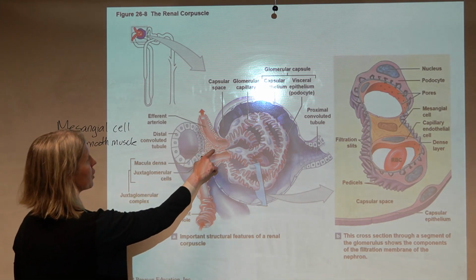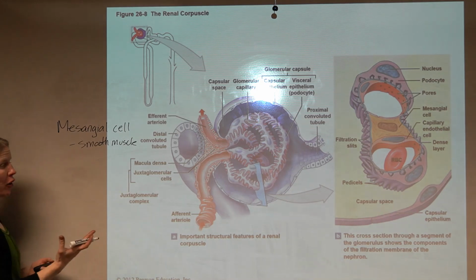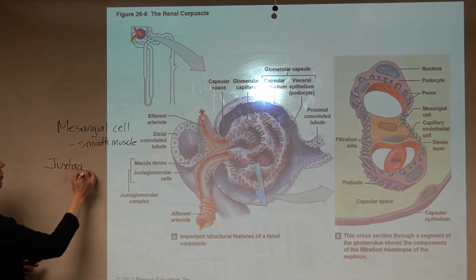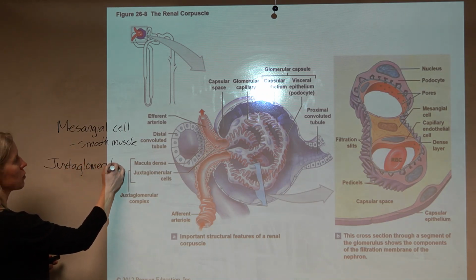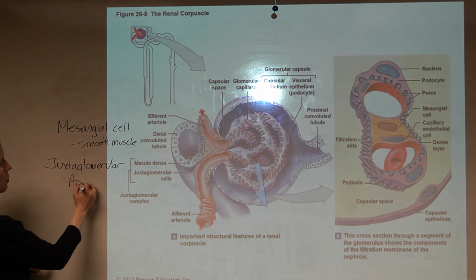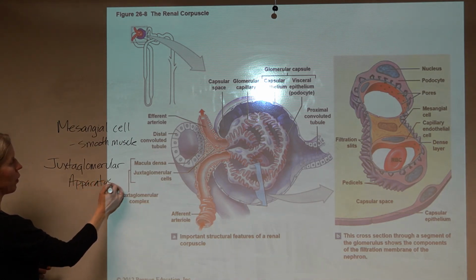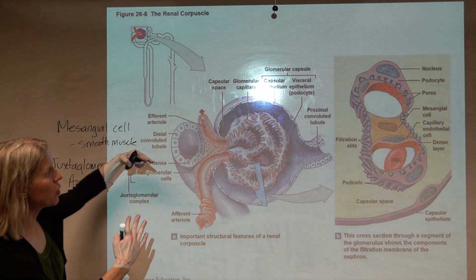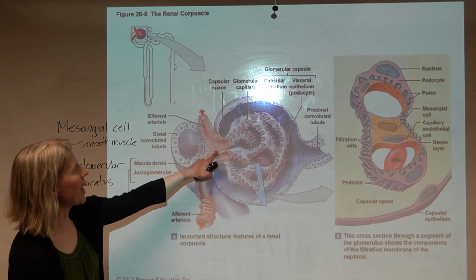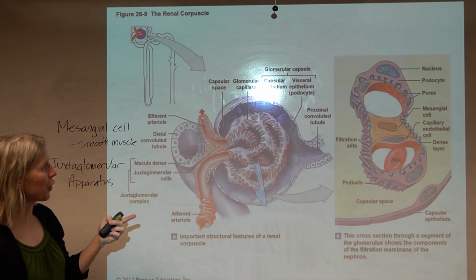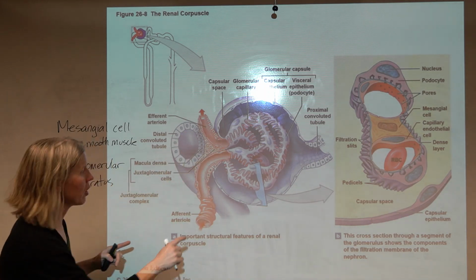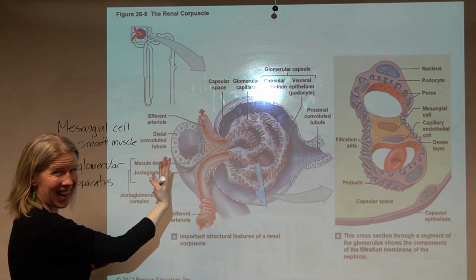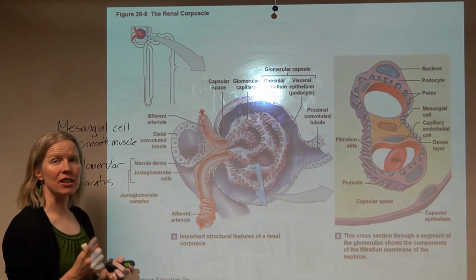And then the other thing I wanted to point out is what's called the juxtaglomerular apparatus, or complex. This is a cluster of cells that you'll notice is kind of wedged in here at the base of the afferent and efferent arterioles. And this is my favorite part. This is not accidental. This is a tubule that they're showing kind of coming in, wrapping up behind the glomerulus, and this is the distal convoluted tubule.